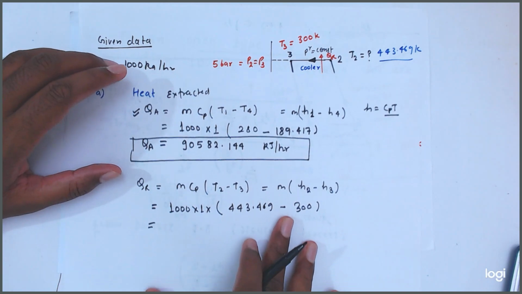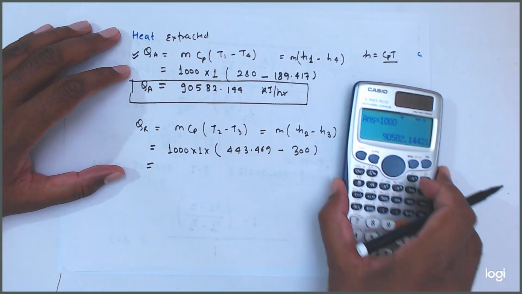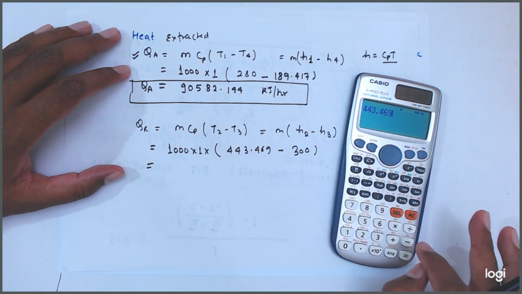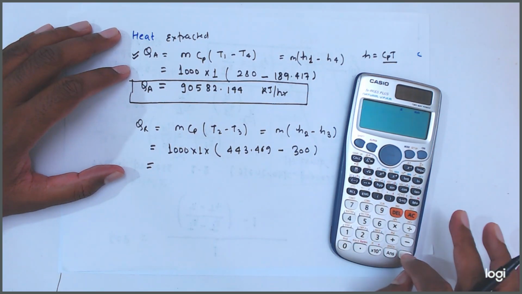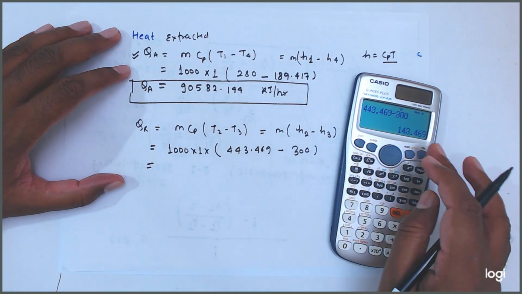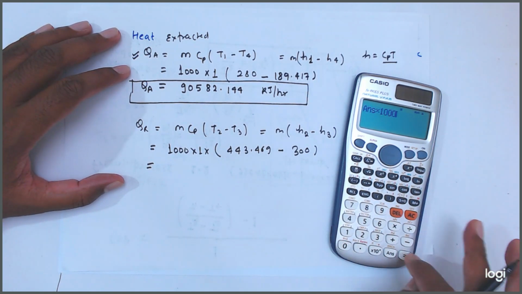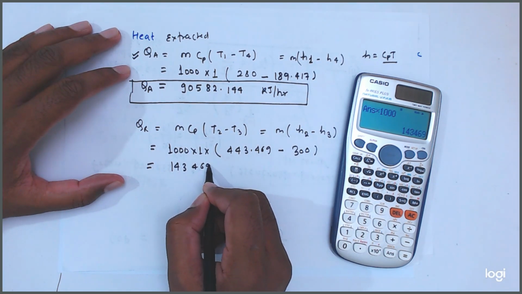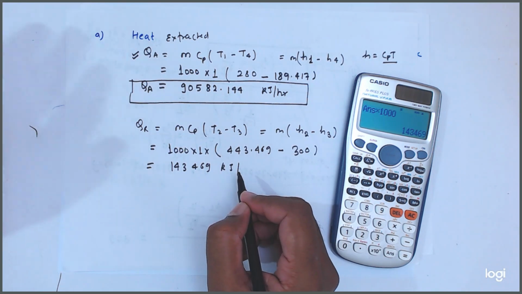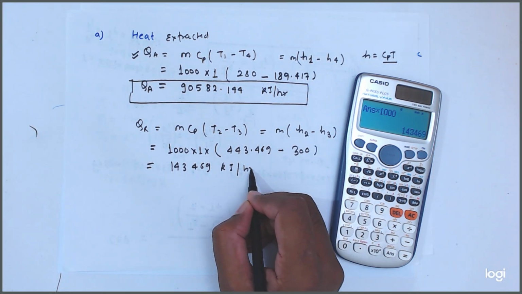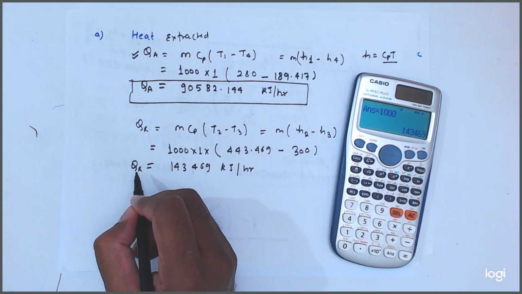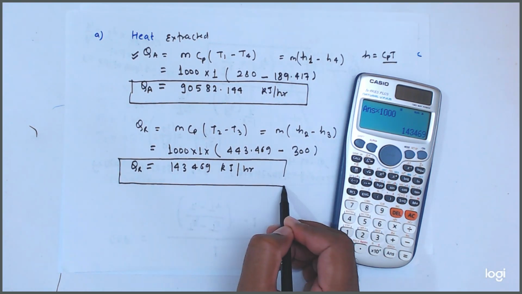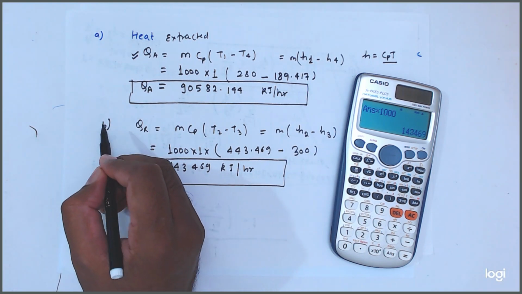So how much will it come, friends? 443.469 minus 300, so it will give 143 into 1000. So it will give, friends, 143,469 kilojoule per hour. Okay, this is the heat rejected. Getting, friends? This is the B part.